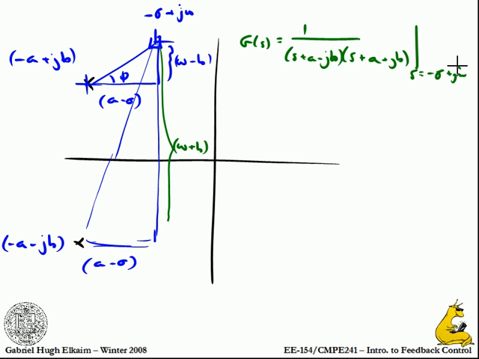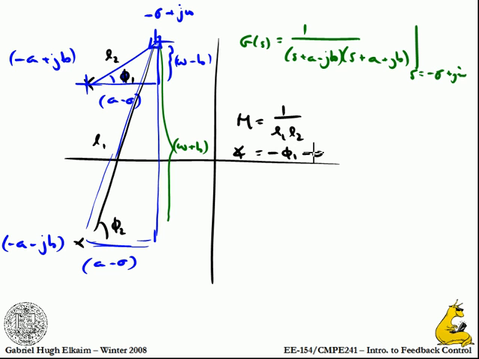All right, and well, I can do all of that, but the easy way is, again, call this L1, call that L2, call that phi1, call that phi2, and the magnitude of it is just going to be 1 over L1, L2, because these are both poles. Right? And the phase of it is going to be negative phi1 minus phi2.